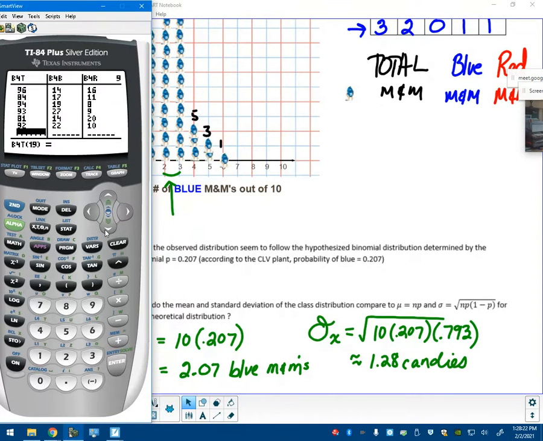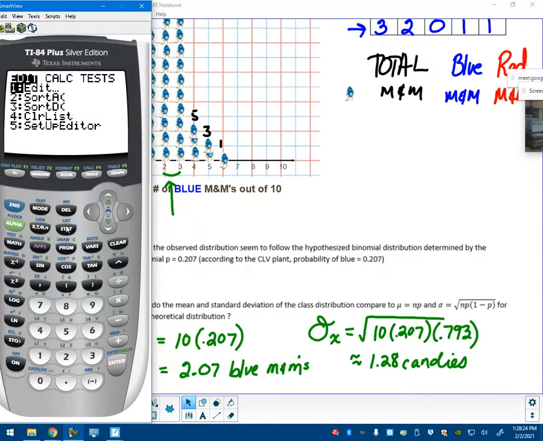All right, so now I can go to calculate one variable statistics on V4T. How many total M&Ms were in this experiment? Kind of like we're pretending this is a population. The number of total M&Ms were 1,554.